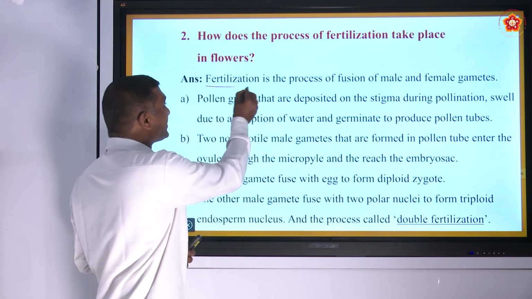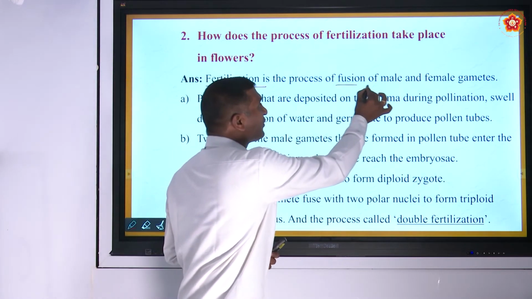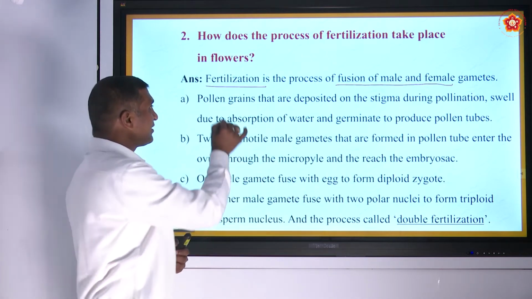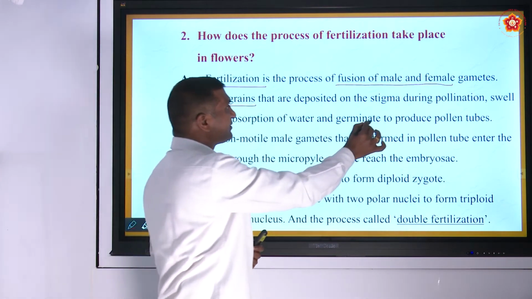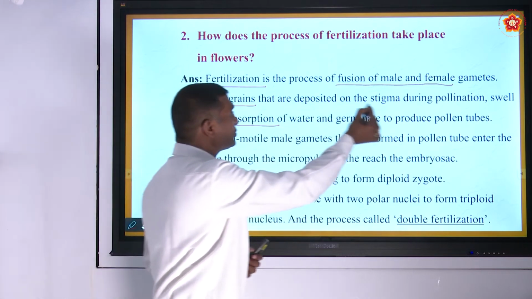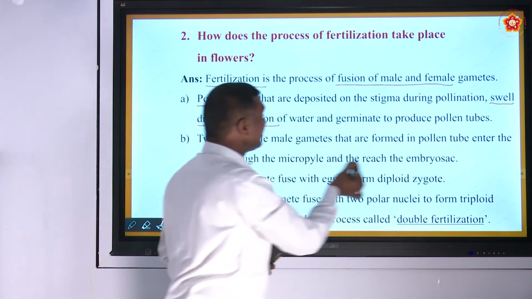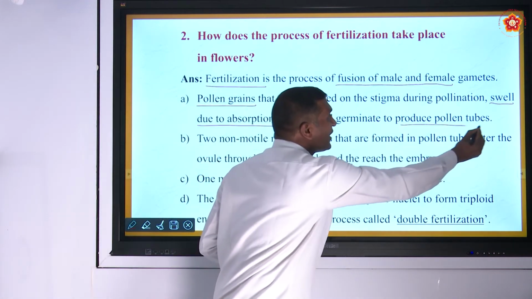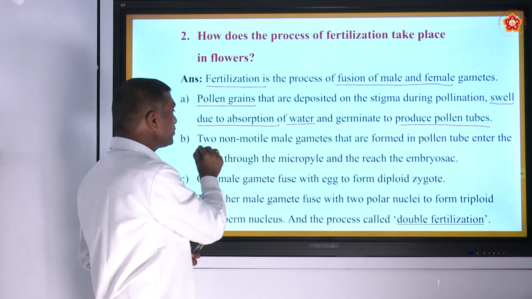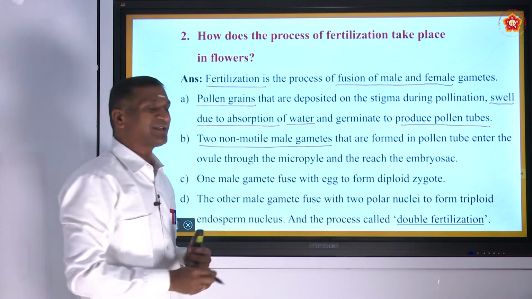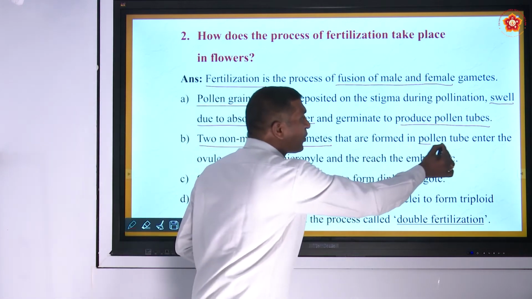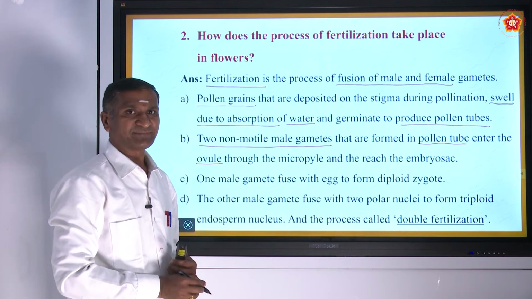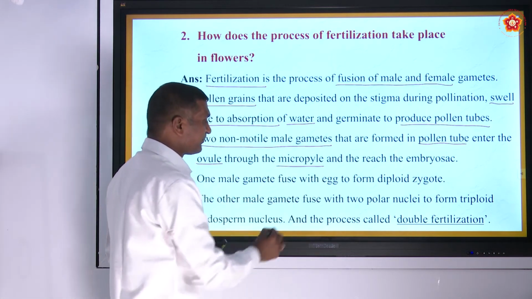So, fertilization, the process of fusion of male and female gametes. The pollen grains swell due to absorption of water and they produce pollen tubes. The two non-motile male gametes that are formed in the pollen tube will enter the ovule through the micropyle.